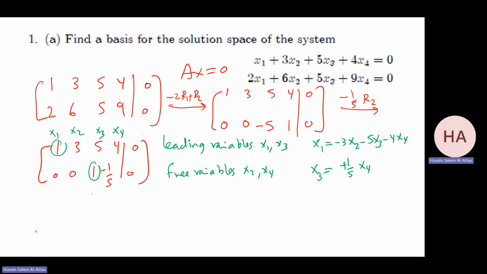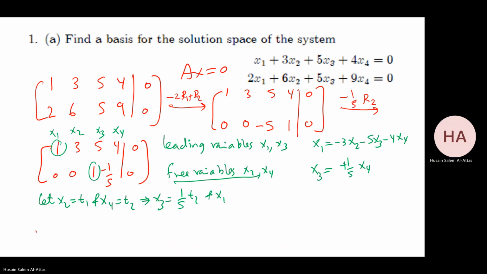So from here, I let x2 be t1 and x4 be t2. So x3 will be 1/5 t2. And what will be x1? It's minus 3 t1 minus 5 times 1/5 t2, which is minus t2, minus 4 t2, which is x4.